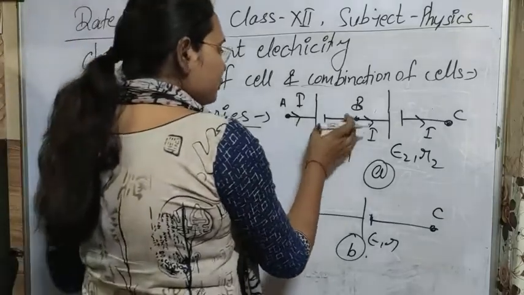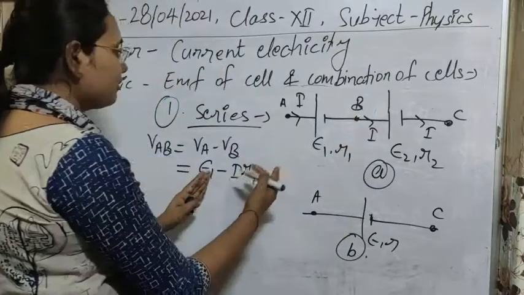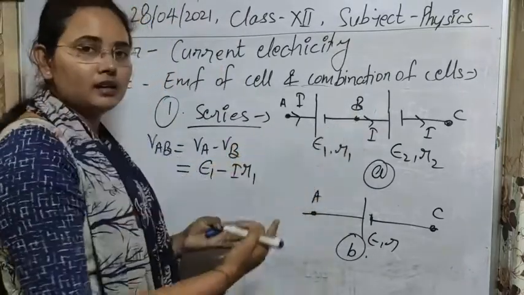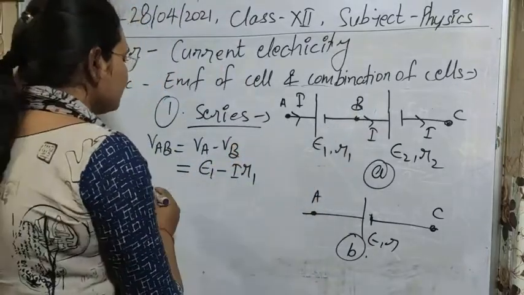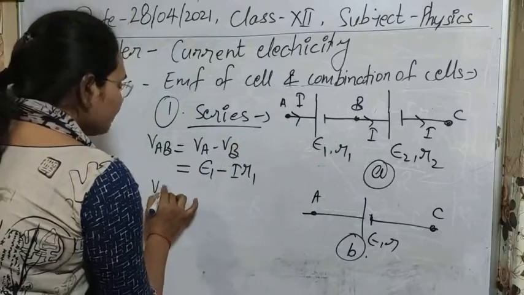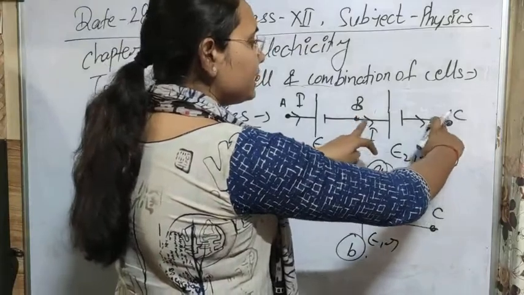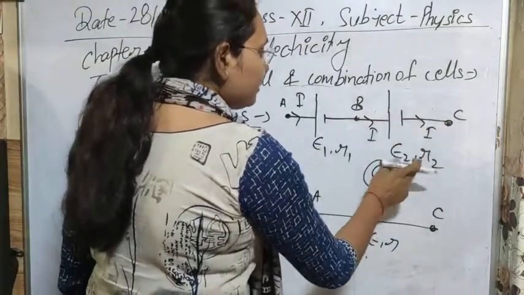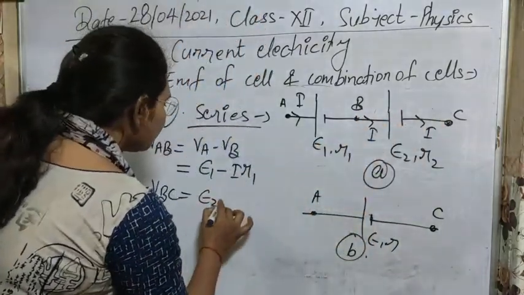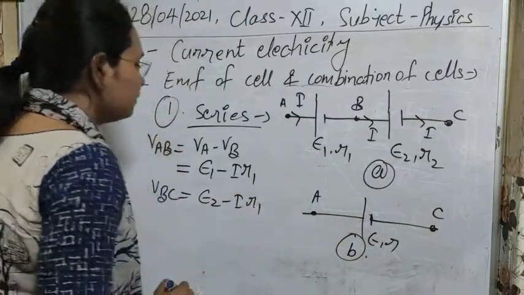Due to the first cell, the potential difference created in the outer circuit is the terminal potential. In the same way, the terminal potential between points B and C due to the second cell is epsilon 2 minus I into R2.